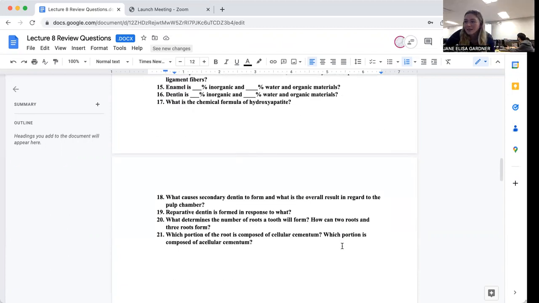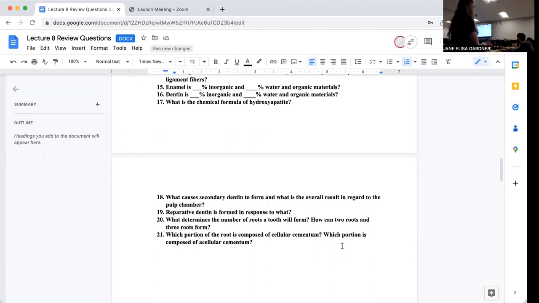Okay, what causes secondary dentin to form, and what is the overall result in regard to the pulp chamber? Remember that those odontoblast cell bodies lie surrounding the pulp chamber, on the outsides. So they make a little bit more dentin when the tooth occludes with its opposing tooth.